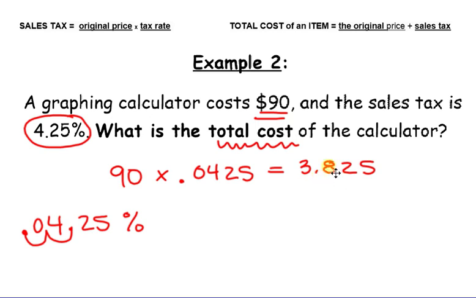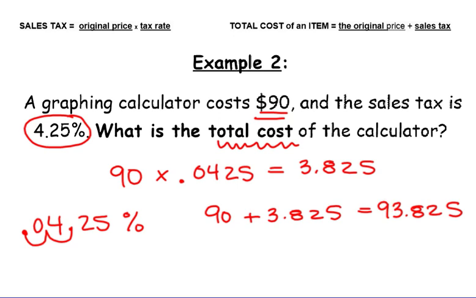It wants us to calculate the total cost. Because tax is something being added on to your bill, we're going to add that number to the original bill. So 90 plus 3.825, go ahead and do that in your calculator. And you should get 93.825. Now because we're talking about money, we want to go ahead and make sure that we round this.